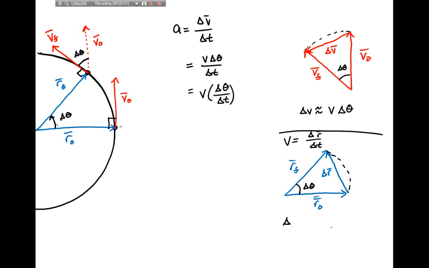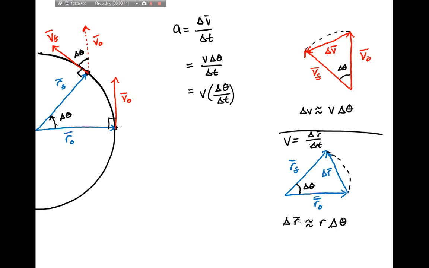So the change in the object's position is approximately equal to the radius of this circular path times delta theta. In fact, this actually is the distance that the object travels when it goes from here to here, right? The distance the object travels is equal to the length of that arc, which is just r delta theta.